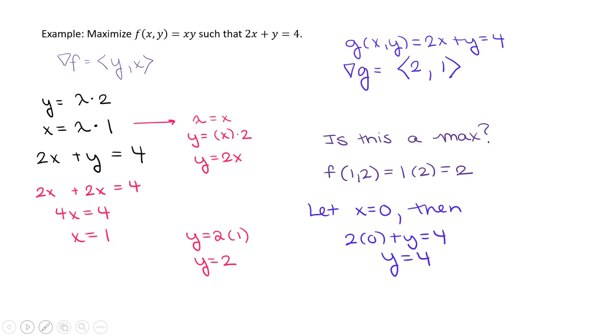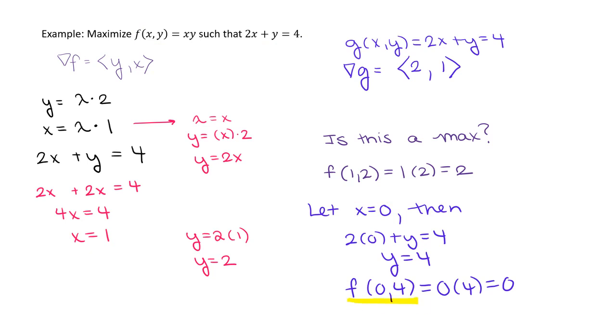So I'm going to pick any x value I want. I just randomly chose x equals 0. So if I plug x equals 0 into my constraint, 2 times 0 plus y equals 4, then y has to equal 4. Okay, so the point 0, 4 also satisfies my constraint.